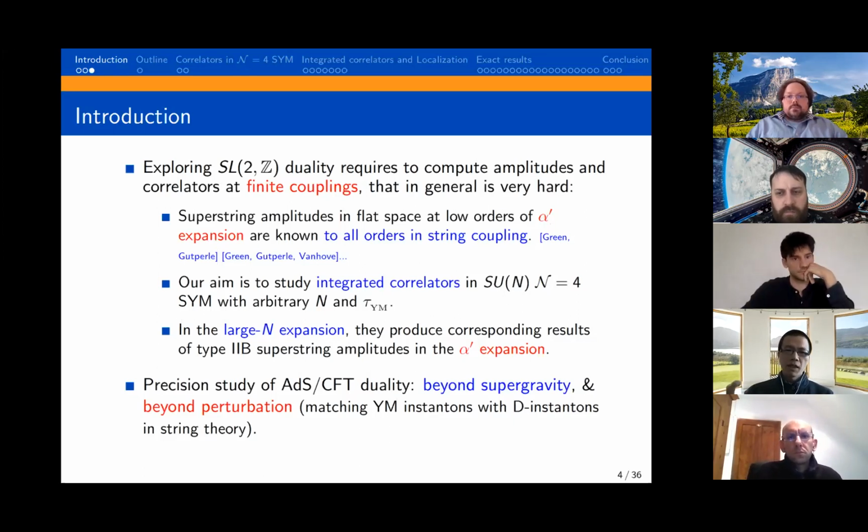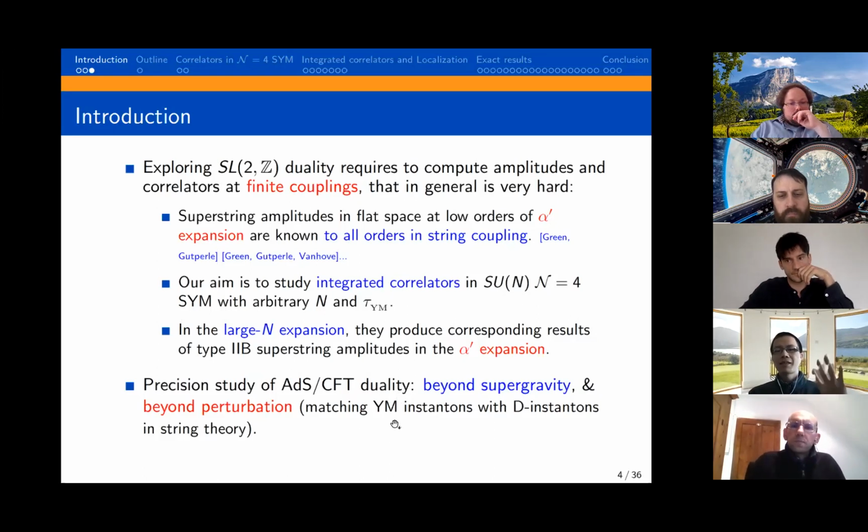As I will show, indeed the result we obtain from the correlator in the large N expansion, if you take a flat space limit, will reproduce the known results due to Green and his collaborators. So from the AdS/CFT point of view, this is a kind of precision study of AdS/CFT duality, since we go beyond supergravity and beyond perturbation theory. In particular, the Yang-Mills instanton effect is going to map to the D-instanton effect in string theory.